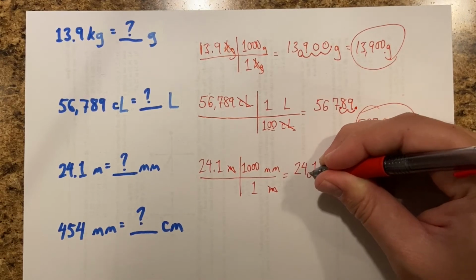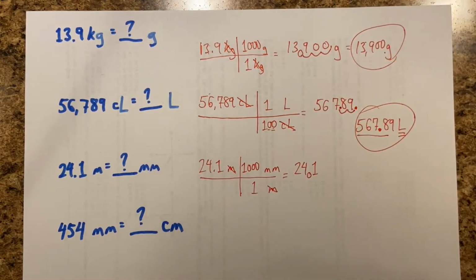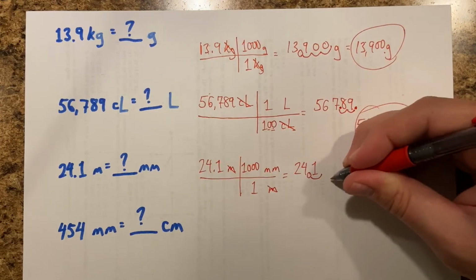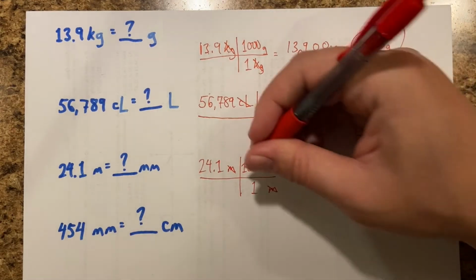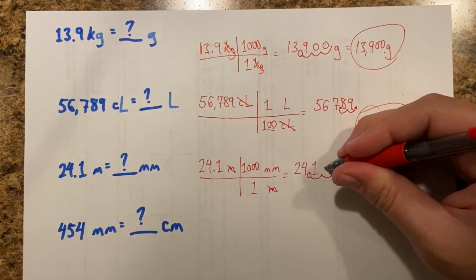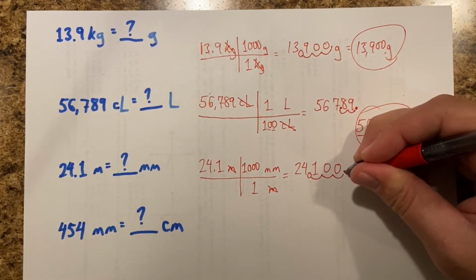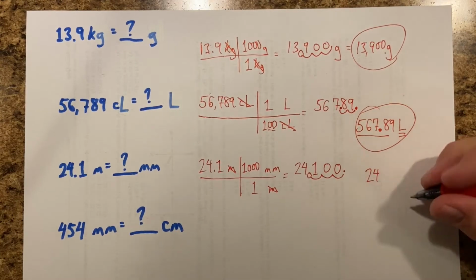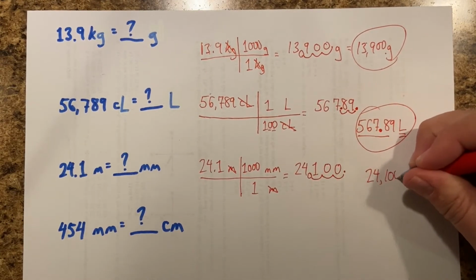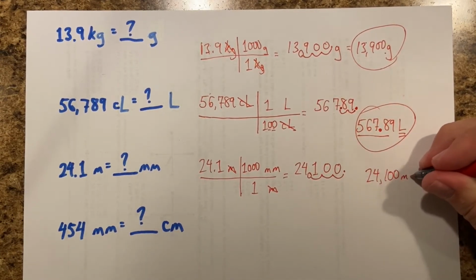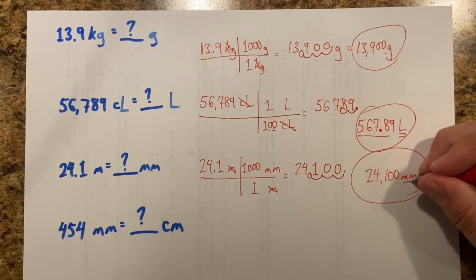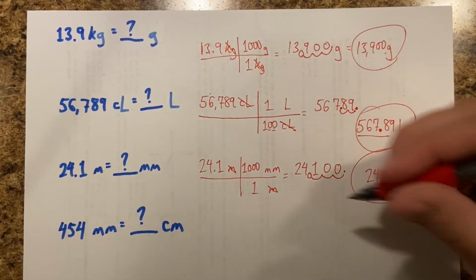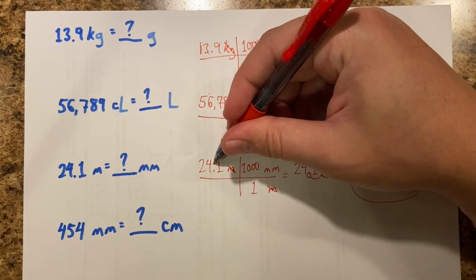So the decimal that we had here, if I'm multiplying, I'm going to make the number bigger. 1, 2, 3 for our 3 zeros in 1,000. So that means I have 24,100 for my answer of millimeters. Small unit, very large number, compared with big unit, small number.